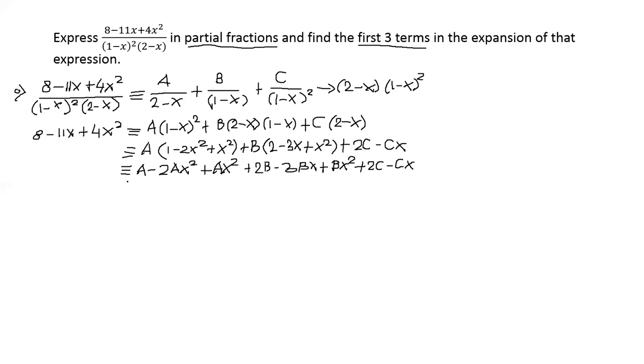Next step, factorizing x squared, so negative 2x squared and bx squared. It becomes 2a plus b, x squared.